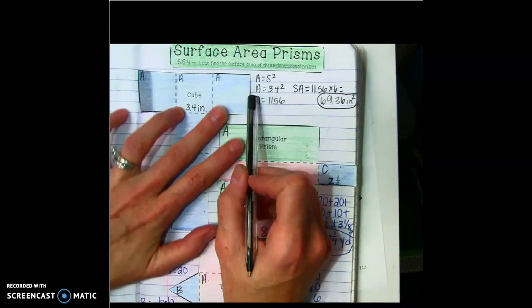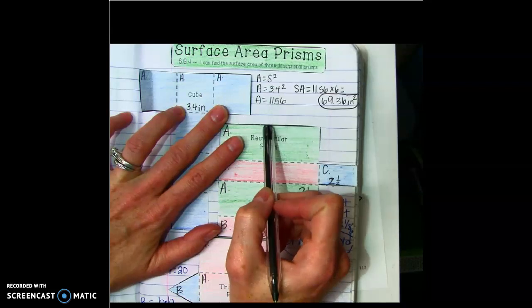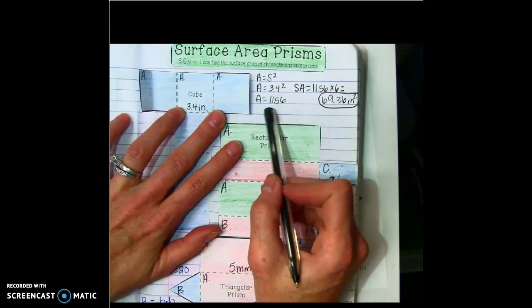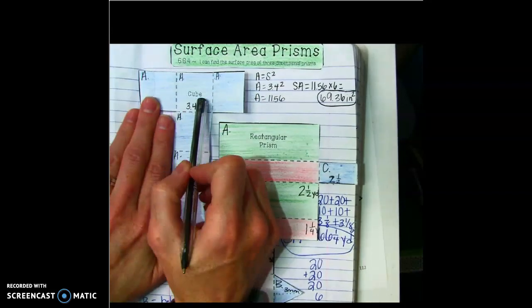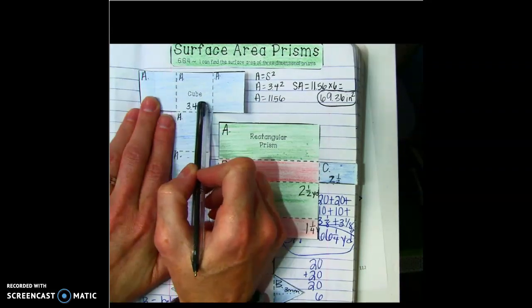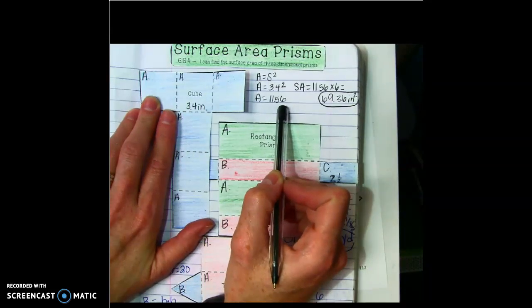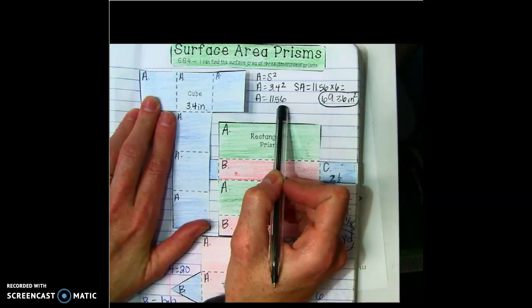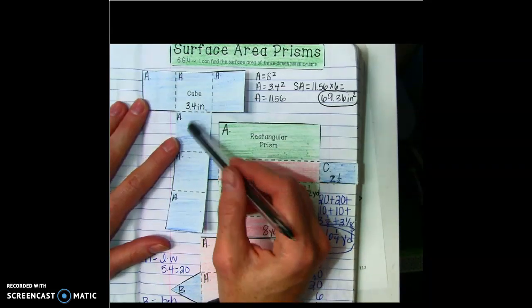If my side is 3.4, I'm going to square that 3.4. So area equals 11.56. So for just one square, my area is going to be 11 and 56 hundredths, or 11.56.